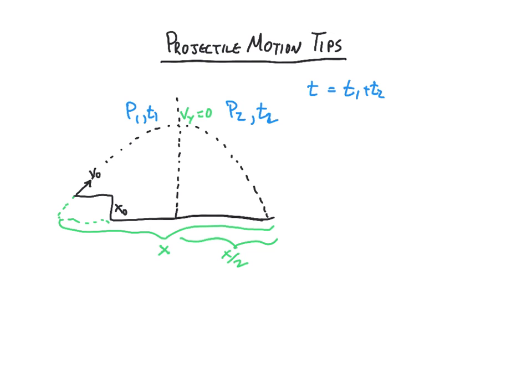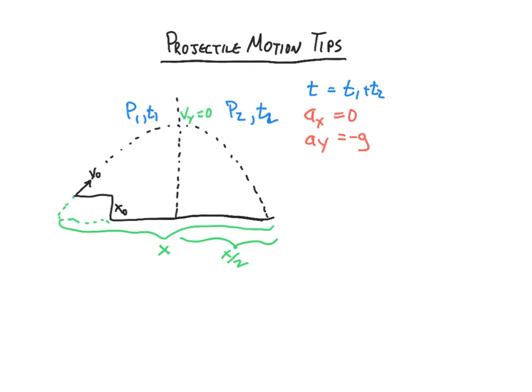Some other important things to remember: the x component of acceleration is 0, unless there was some sort of rocket or something else, in which case it's not really a projectile problem. So for projectile problems, the x acceleration is always 0, and the y acceleration is minus g.